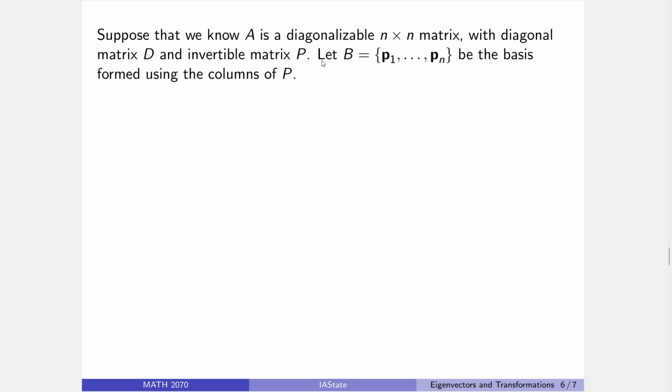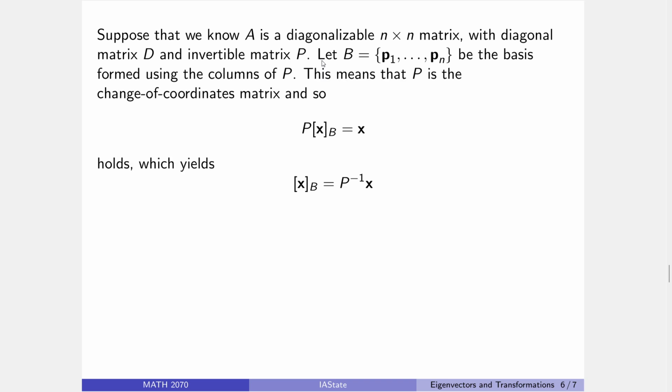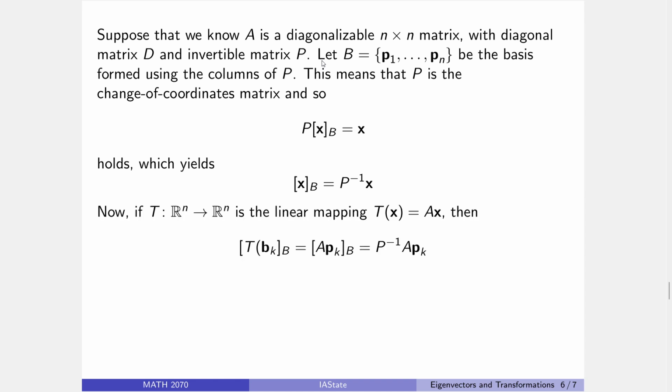Now, since P is invertible, its columns are linearly independent, which means the columns form a basis for our Euclidean space. So P is also the change of coordinates matrix, meaning that multiplying our coordinate vector by the matrix P gives us our original vector. Note that I can multiply both sides of this by P inverse.